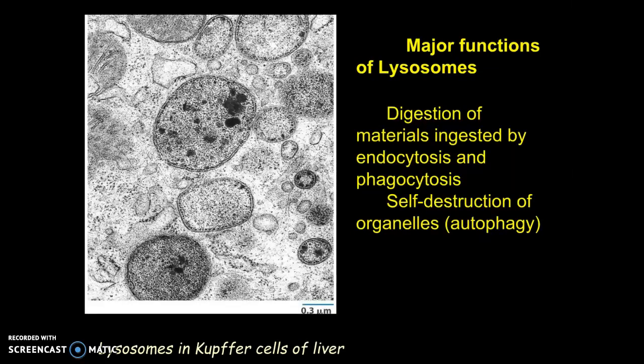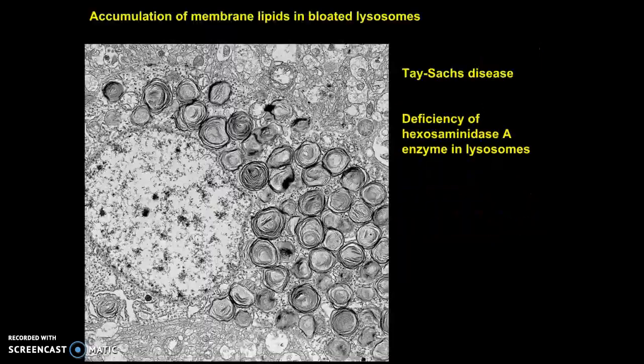We talked a little bit about lysosomal storage disease in the last video. If it doesn't have the correct enzymes, we could have something serious. One of the lysosomal storage diseases is Tay-Sachs, where you don't have the enzyme for digesting a very specific lipid, and so those lipids just accumulate in the lysosome, and they can become cytotoxic because the cell gets all clogged up with these full lysosomes.